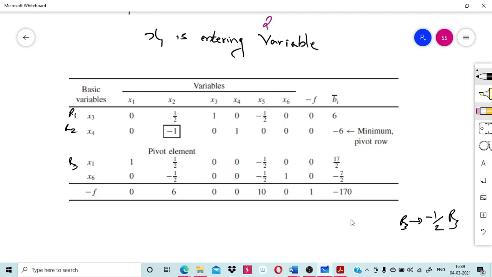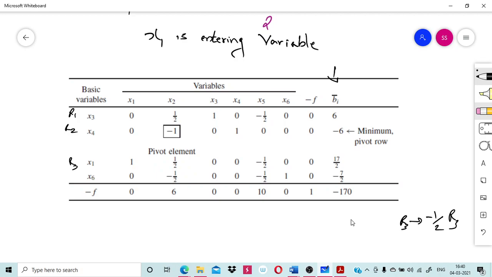Okay, and then how to proceed? Again you have to apply the previous concept. That means you have to observe this BI column again, and find out the most negative value in this column.